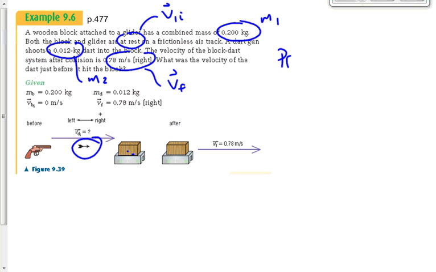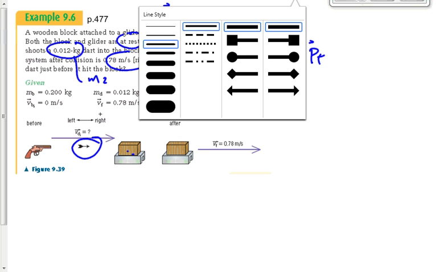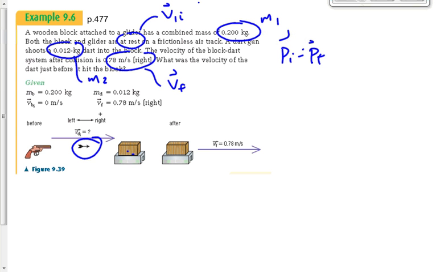Let's say PI equals PF, the initial equals the final momentum. How many objects do we have before this collision takes place? 2. So let's say M1 V1I plus M2 V2I. Let's put an MV in for every object that we have. 2 objects, they both have momentum.